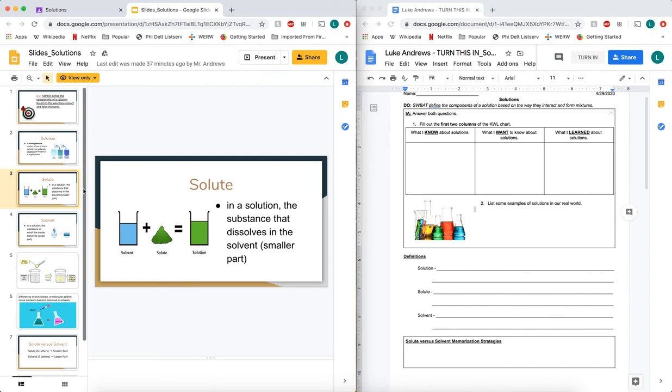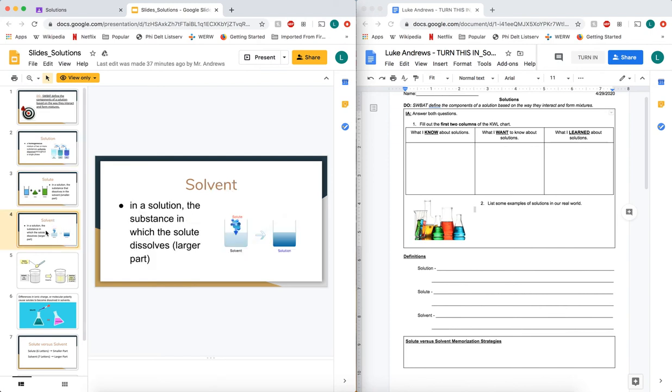The solvent is the other component. The solvent is the larger portion that does the dissolving. So salt goes into water and dissolves into the water. So in that case, the water doing the dissolving, the bigger component, is the solvent, and the salt is the solute.